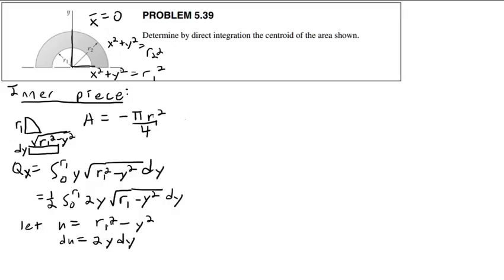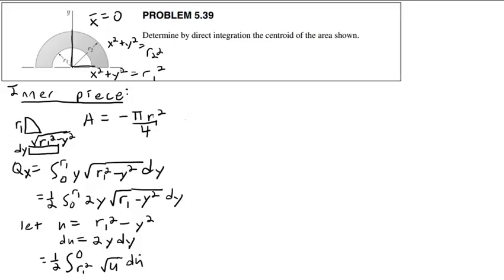So this will then be 1/2 times the integral from r1 squared, since at y equals 0 it becomes r1 squared, to r1 squared minus r1 squared, which is 0, of the square root of u du.